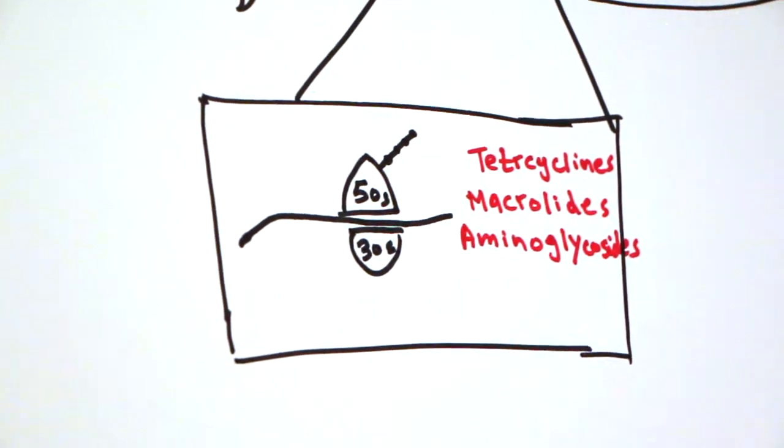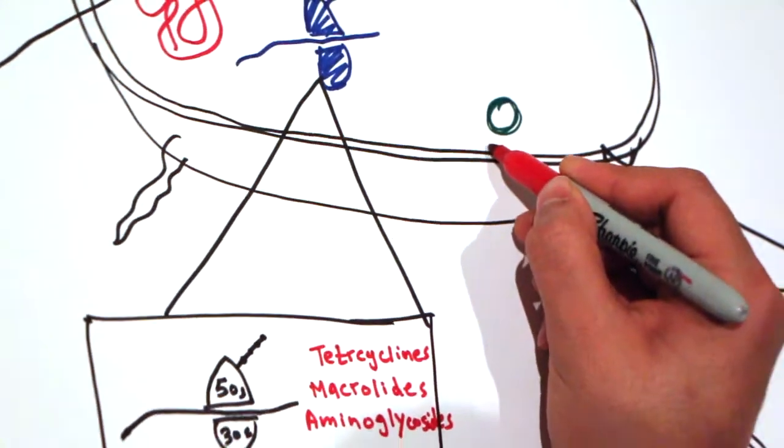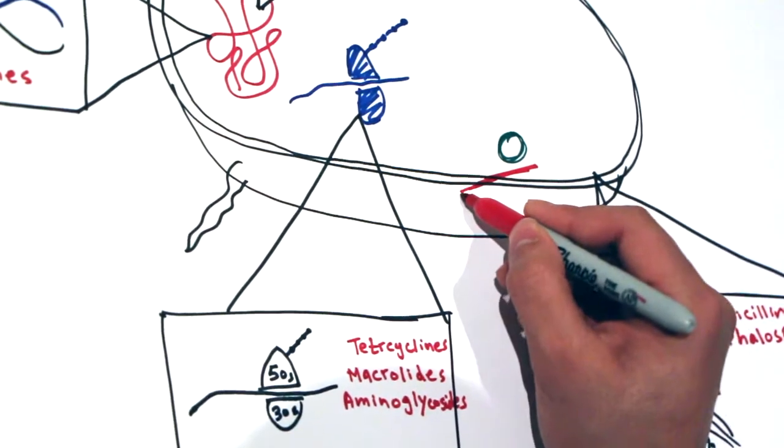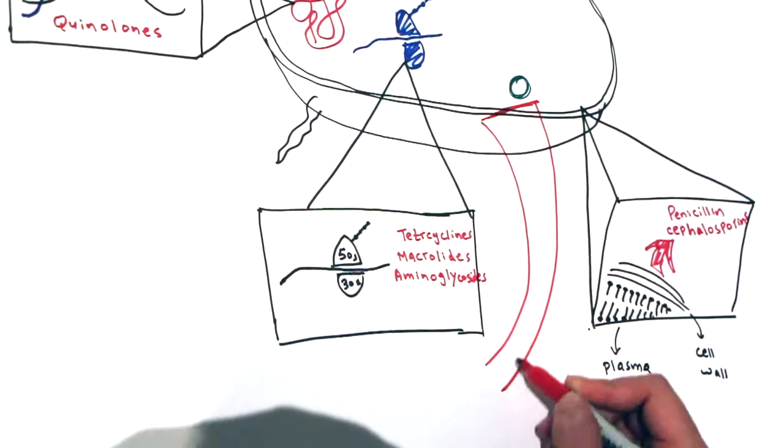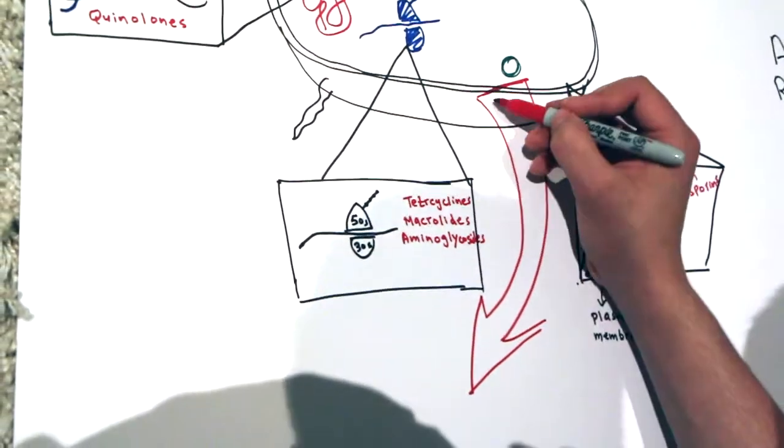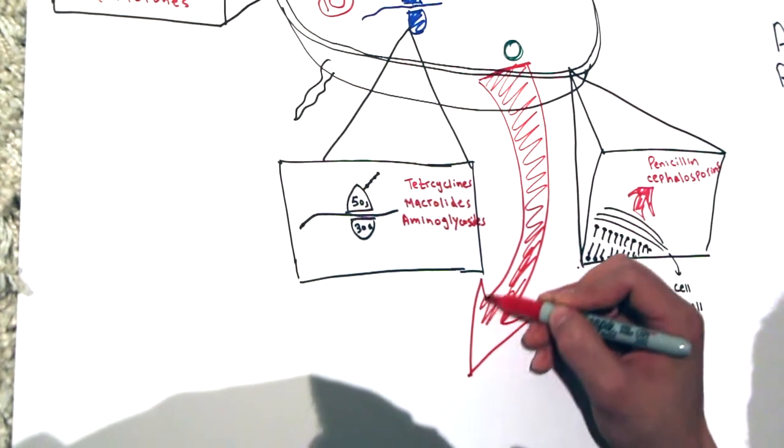Naturally, a bacterium resists an antibiotic by disrupting said antibiotic's mechanisms of action. This resistance is encoded within a bacterium's genes. Specifically, this resistant gene is located within the plasmid of the bacterium.